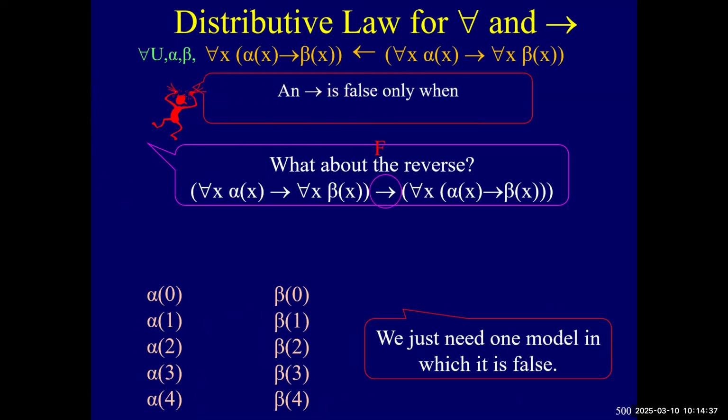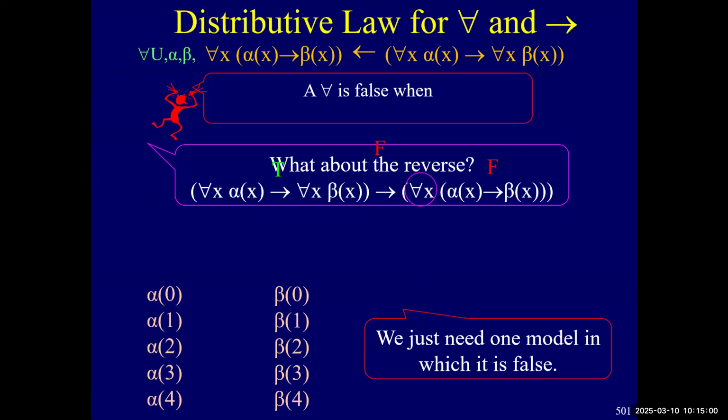How do I make the whole thing false? Well, this is implies. So I make the left-hand side true, that everything here gives me everything here. But we don't have the right-hand side. So how do I make the right-hand side false?